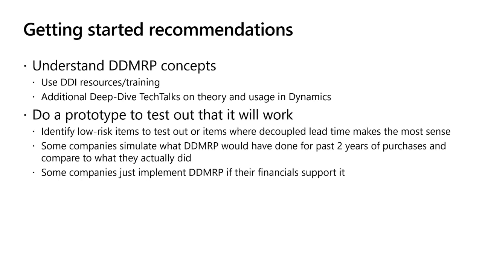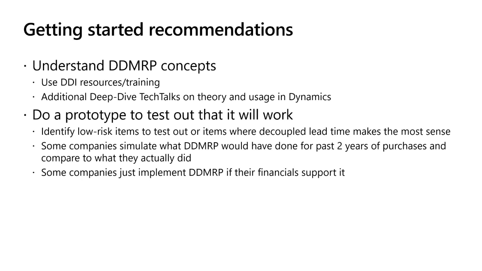Oftentimes, to verify that DDMRP is configured properly and works for you, you can simulate, for example, your last 2 years of purchases if you had instead used DDMRP, and compare them to your actual purchases to look at whether DDMRP would have been effective in that case. You can just implement it.